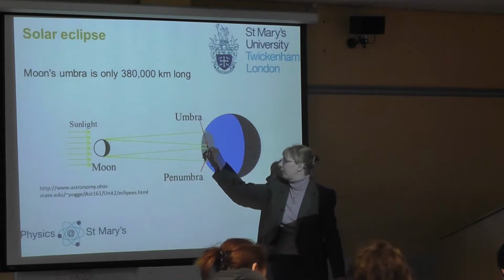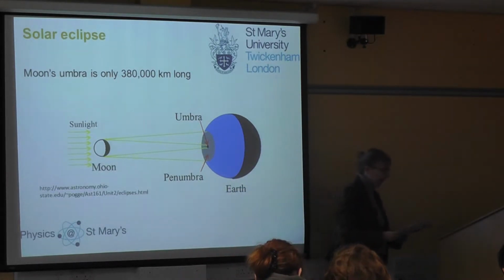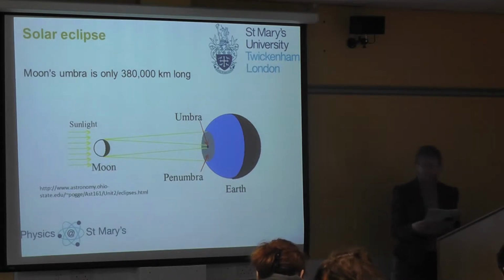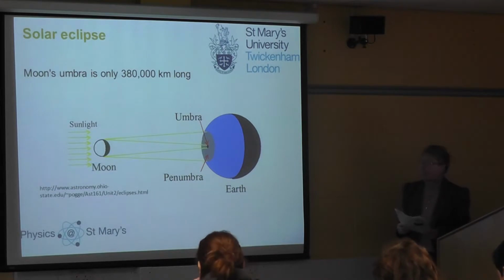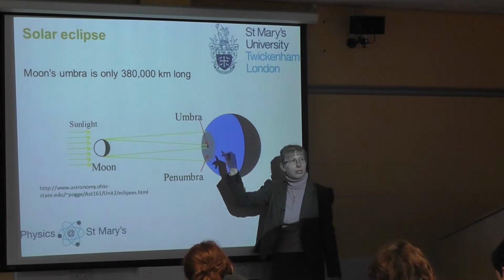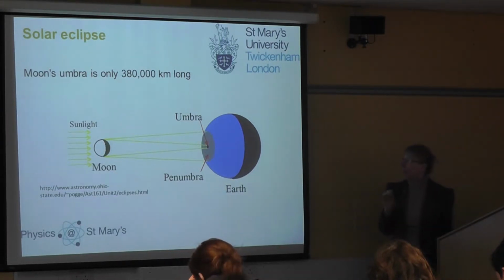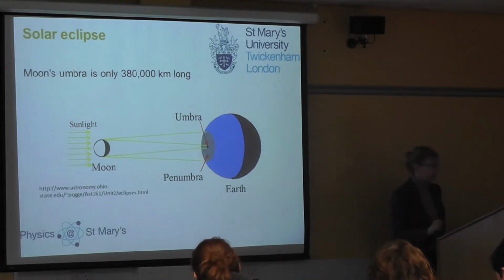We were here at the edge in the penumbra. So the moon's umbra is quite small. It's just large enough to touch the Earth and allow a total eclipse to happen in a very particular and precise spot on the Earth's surface.